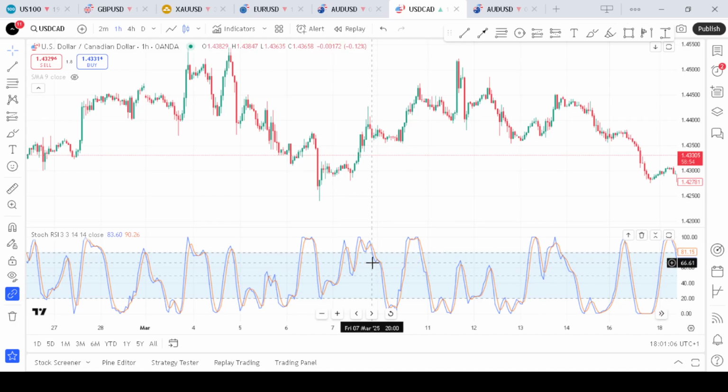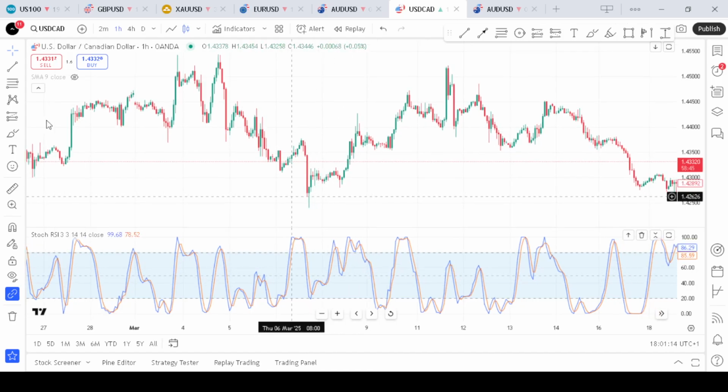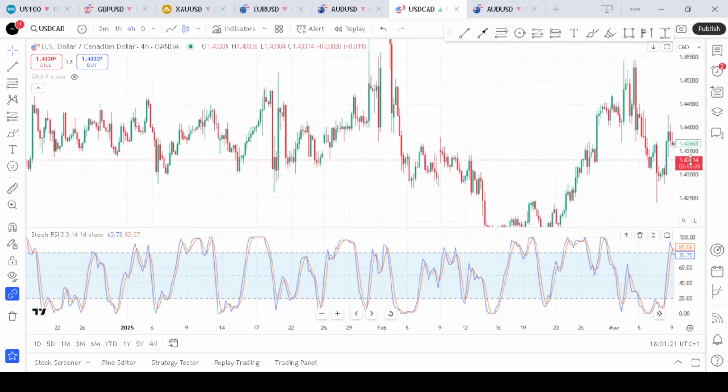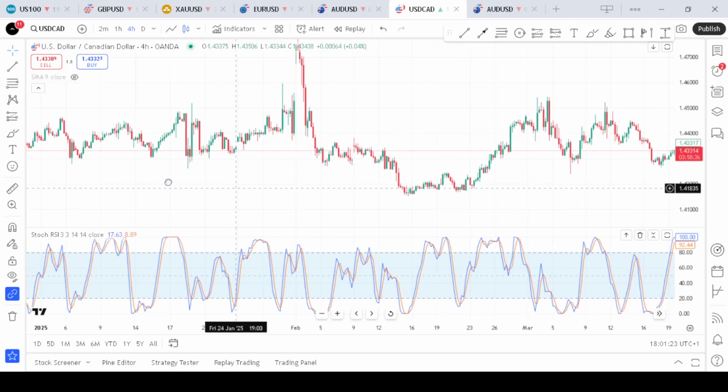So let's see how we can incorporate the stochastic RSI into our swing trading strategy. The first step is to set up your chart by opening your 4-hour chart or your daily chart, because these are the time frames we use for swing trading.